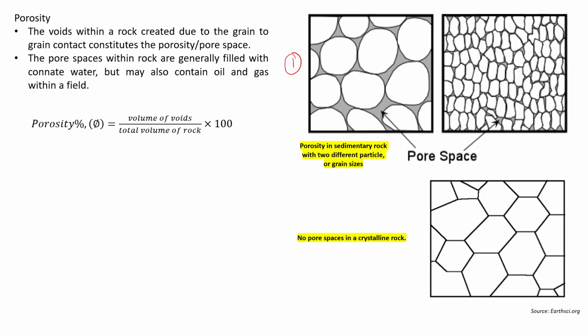The pore spaces are generally filled with connate water, but may also contain oil and gas within a field. It is within these pores that there will be gas, oil, or water, and on that basis it can be named as an aquifer or a hydrocarbon reservoir.